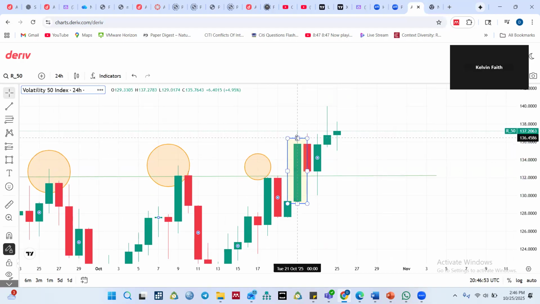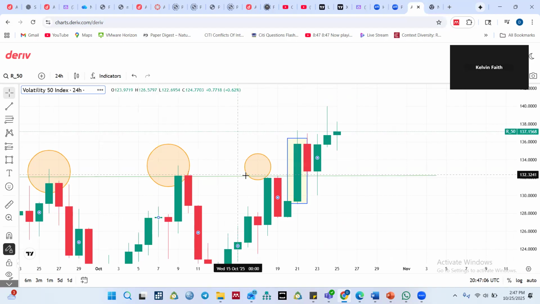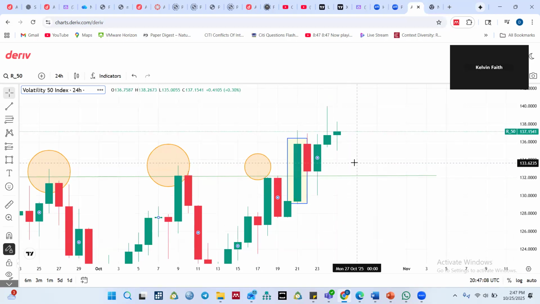Yes, this is what we want to see, what we are looking for. It's a momentum candle. So it got us a close above them. So this is indicating to us that above these sellers here, the market will be bullish.